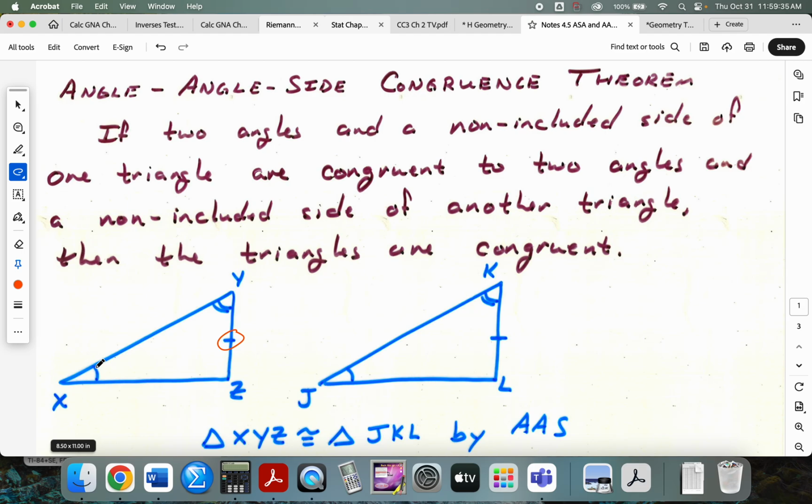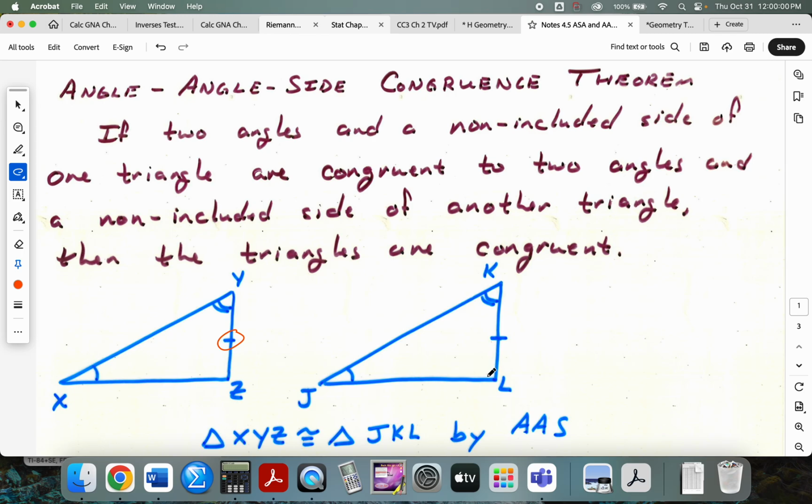Now, when you're doing proofs, if you decided, I don't want to use any theorems, I'm only going to use postulates. Okay, you could do this one by going, okay, if these two angles are congruent to these two angles, what else do I know? The third angles are congruent.